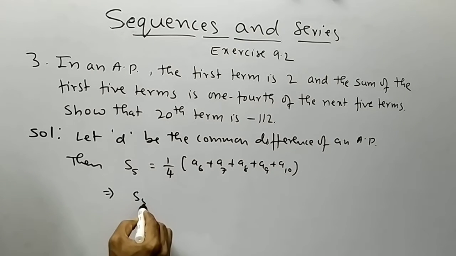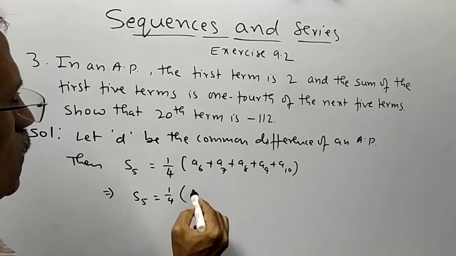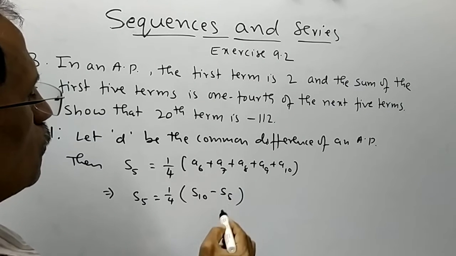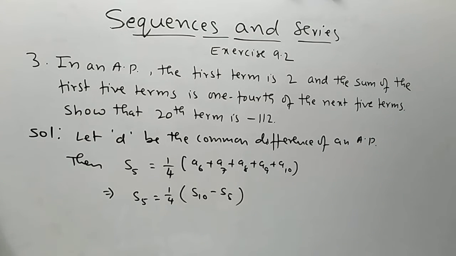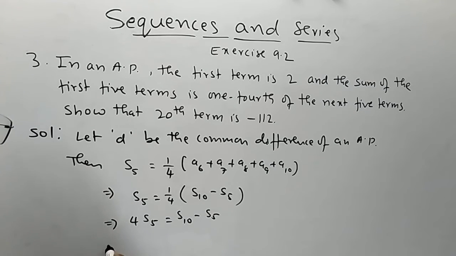Implies S5 is equal to 1/4 of, this sum is nothing but S10 minus S5, the sum of the first 10 terms, from that you can remove 5 terms. Implies 4S5 is equal to S10 minus S5, implies 5S5 is equal to S10.